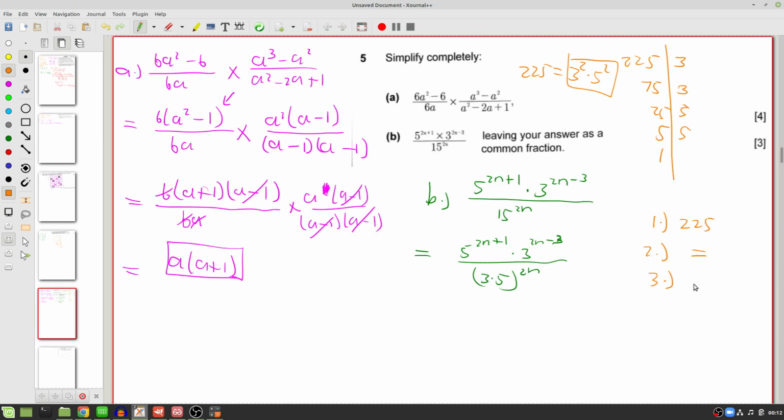Step 3, you press second function or shift, depending on what calculator you have, one of those two. And then step 4, I think on the Casios it says something like p fact or just fact. Look for this word. And then your calculator should just give you, if you typed all of this, 3 squared times 5 squared. Right, and if you get that, then you know it works.